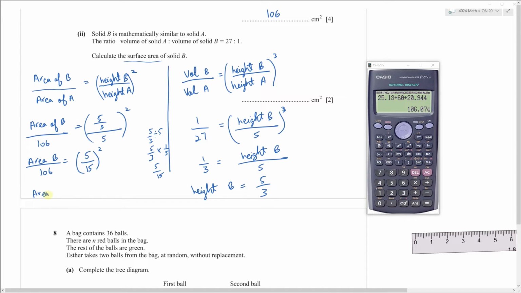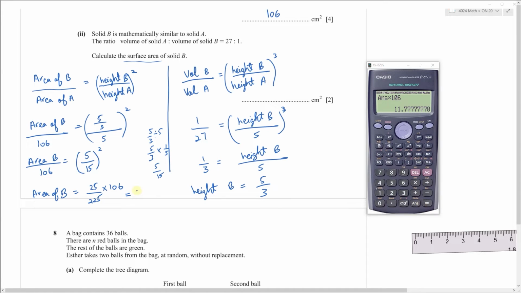And then area of B will be: 5 squared is 25, 15 squared is 225, and I'll take this 106, it will be multiplied in the numerator. So this will give you area of B. So 25 over 225 multiplied by 106 is 11.777.